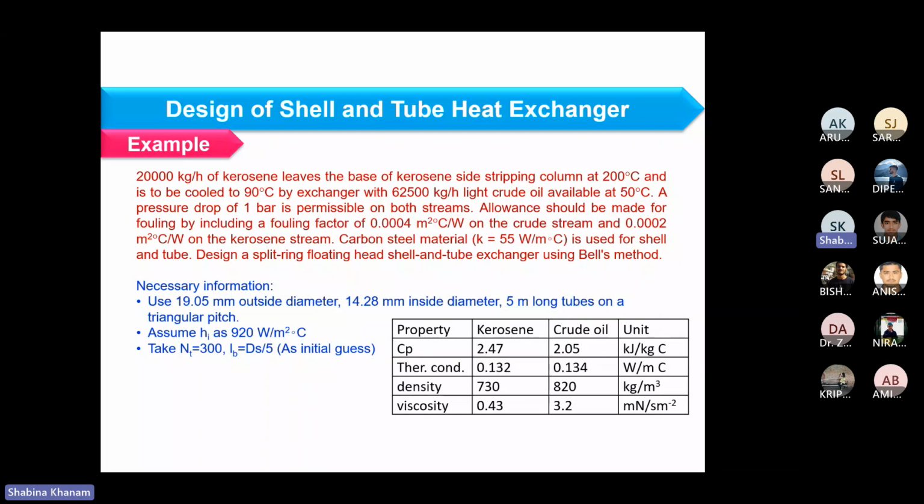Kern's method, Bell's method, all these are for shell side only. Okay, so Bell's method, let me revise that quickly and then we will start this class. Bell's method is for shell side heat transfer coefficient as well as shell side pressure drop.